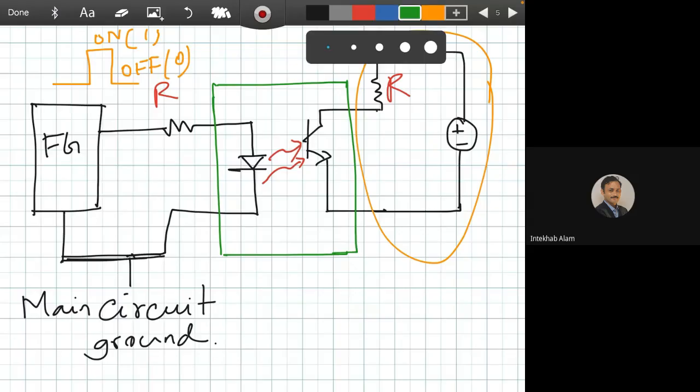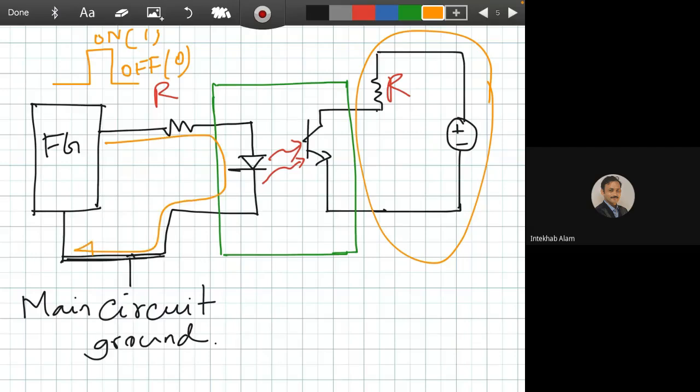So the current will flow from this point, so the light will emit. Okay, and we have to connect the output in here, so there will be current flow in this direction also.